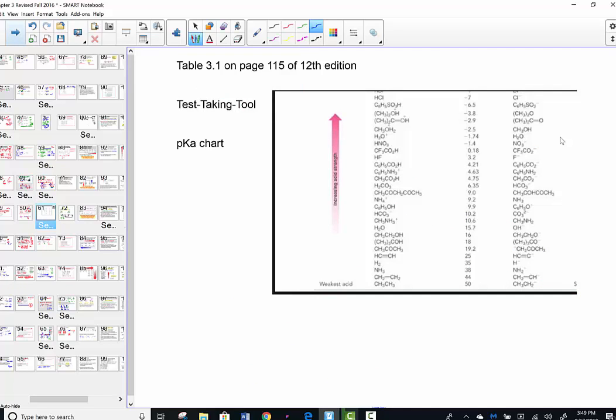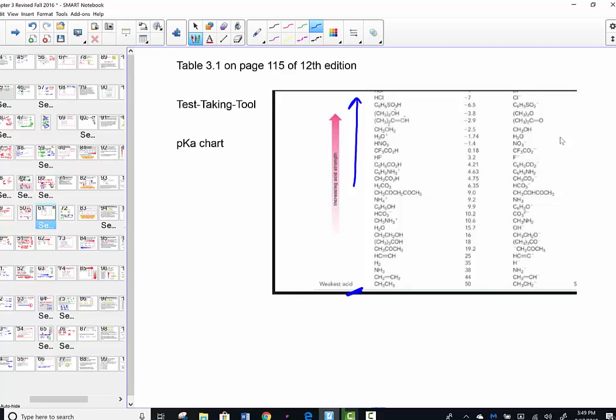It's table 3.1 on page 115 from your chemistry book. I'm using the 12th edition as stated in the syllabus. Print this and make it a test-taking tool page. On the very top on the left-hand side, you'll see a list of acids starting from the strongest of strong acids at the top, going to the weakest of weak acids on the bottom.